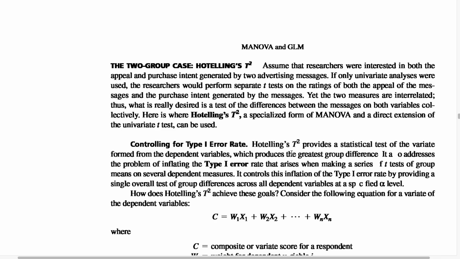Yet the two measurements are intercorrelated. Thus, what is really desired is a test of the differences between the messages on both variables collectively. Here is where Hotelling's T2, a specialized form of MANOVA and direct extension of the univariate t-test, can be used, controlling for the Type I error rate.